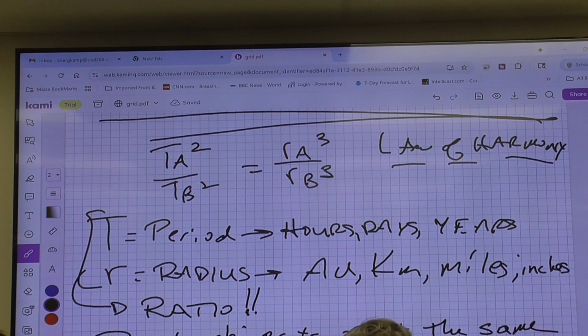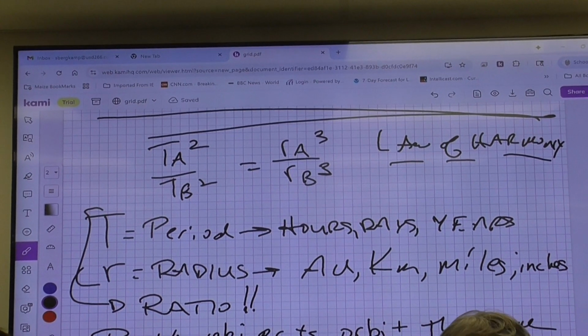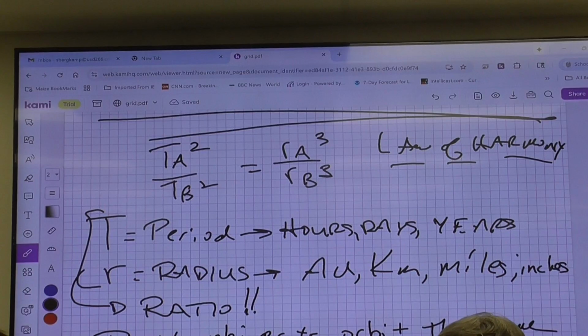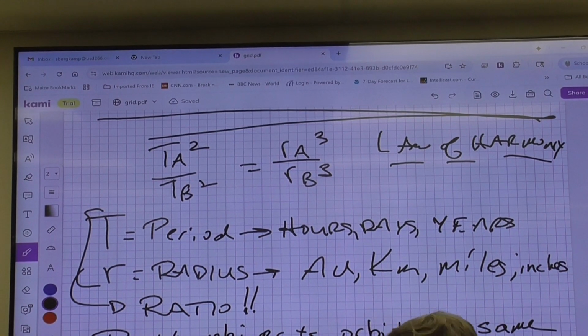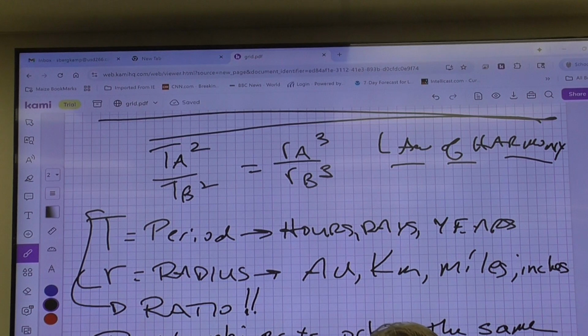Now, let's see how this plays out. The other thing that you have to understand, and this is going to be important once we get into Newton's laws, is that this is only valid for objects that orbit the same center. Like we could compare Earth and Mars because they both orbit the sun.